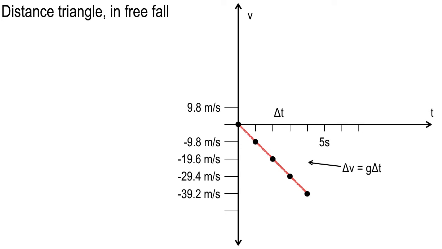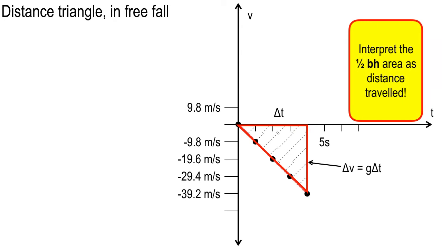And again, we shaded in a triangle between the graph and the time axis. In this case, it's above the graph and below the time axis. The area of that is interpretable as the distance traveled.